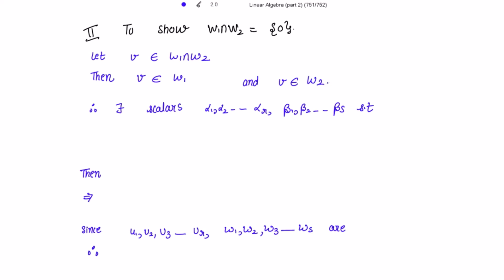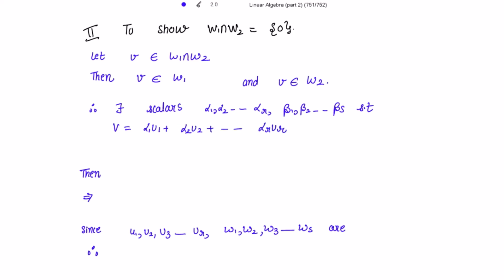So therefore there exist scalars alpha 1 up to alpha r for the u's and beta 1, beta 2, up to beta s for the w's, such that, because V belongs to W1 and U1, U2, U3 generate W1, every element of W1 is a linear combination of its generators. So can I write V is equal to alpha 1 U1 plus alpha 2 U2 up to alpha r Ur.